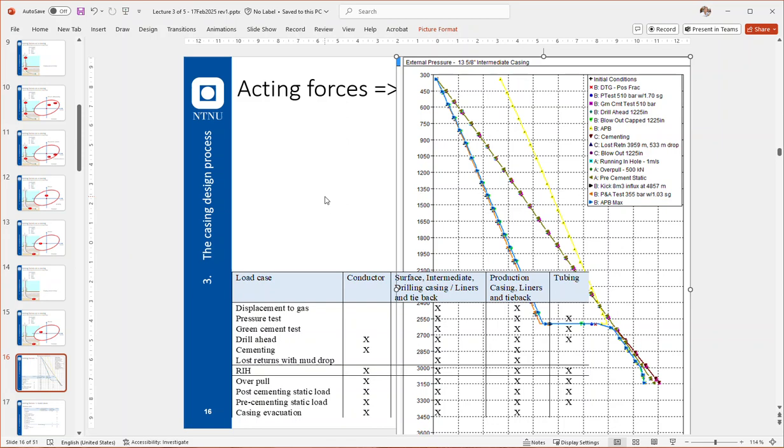So initial conditions are very, very important. That is, what state were the tubulars that we're doing analysis on in, temperature-wise, densities on the different sides of it, and maybe not torque, but say friction and bending and so on.